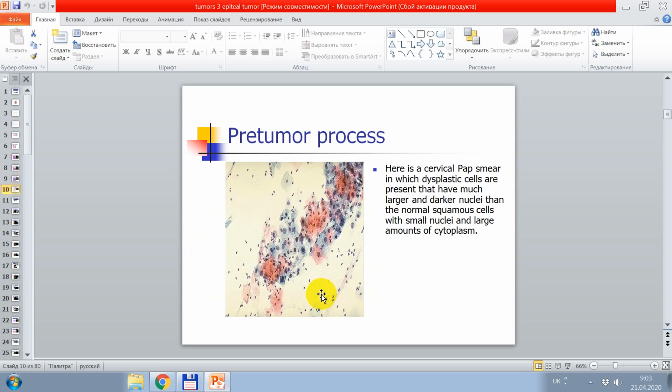Pretumor processes can be diagnosed by cytological research. Here is a cervical Pap smear in which dysplastic cells are present that have much larger and darker nuclei than the normal squamous cell, with small nuclei and large amounts of cytoplasm.